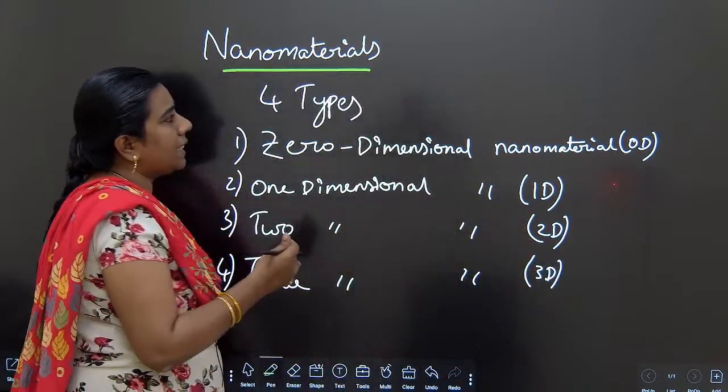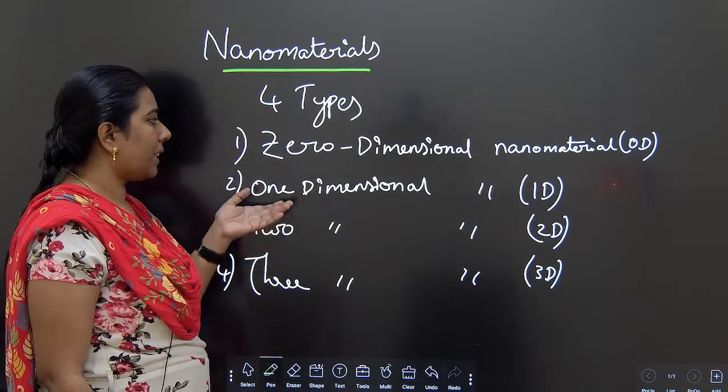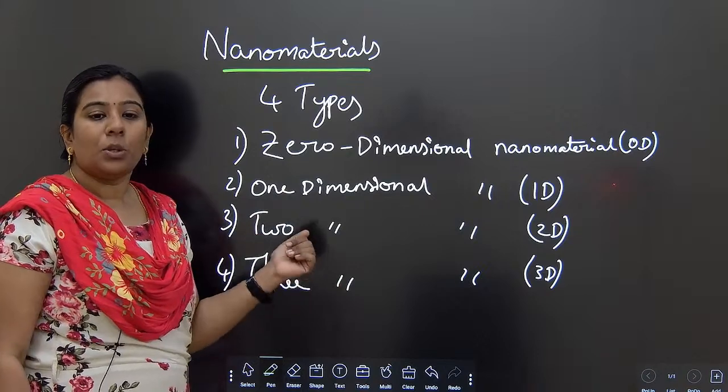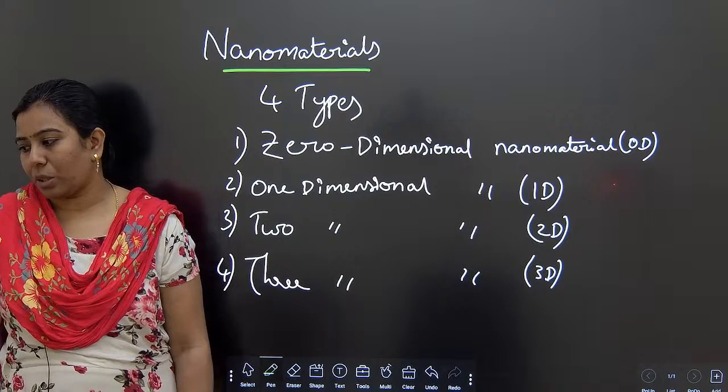Okay, so these are the types of nanomaterials. First is zero dimensional, then one dimensional, two dimensional, and last is the three dimensional nanomaterial.